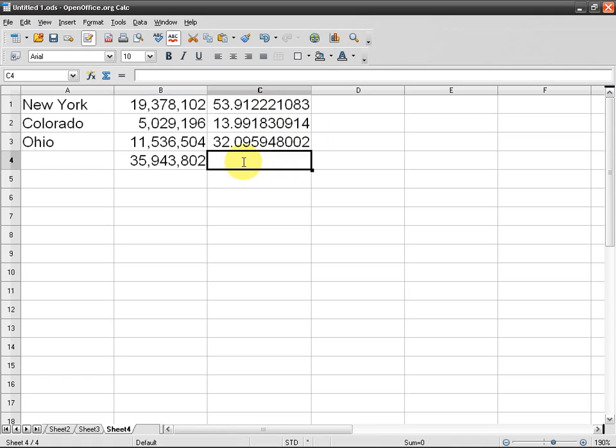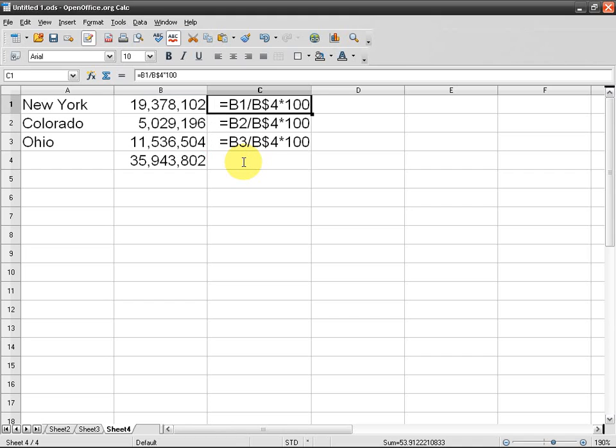If you have understood this notion of relative and absolute addresses, that is all you need to understand how to work with Calc. And I think I forgot to say that when you've got B1 with no dollar, that means it is relative to the cell containing the formula.